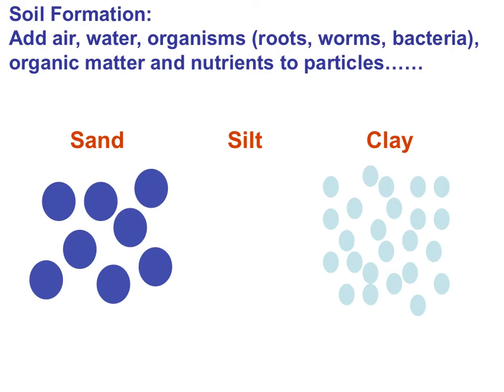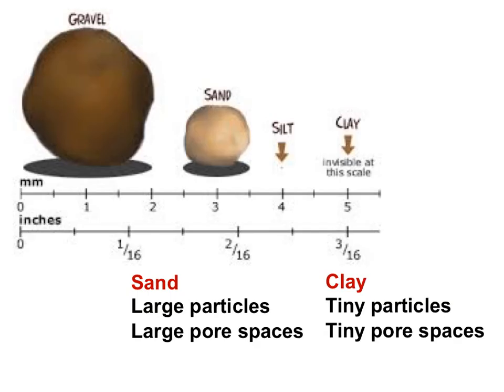Now, loam will be a mixture of these particles as well as some silt, as well as all of the other ingredients in soil. You can see in this image the relative sizes of sand, silt, and clay. Sand has large particles and large pore spaces, while clay has tiny particles and tiny pore spaces.